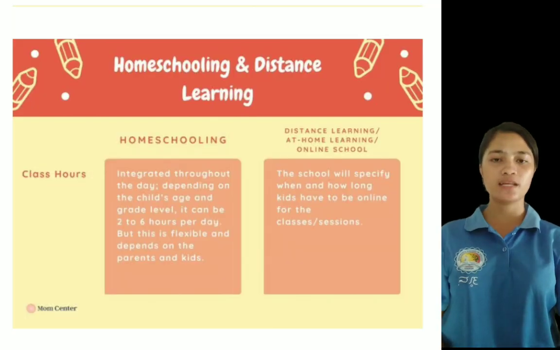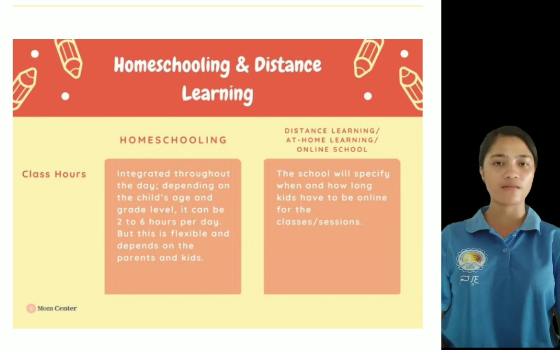In homeschooling, it's integrated throughout the day depending on the child's age and grade level. It can be 2 to 6 hours per day, but this is flexible and depends on the parents and kids. On distance learning, at-home learning, or online school, the school will specify when and how long kids have to be online for the classes.